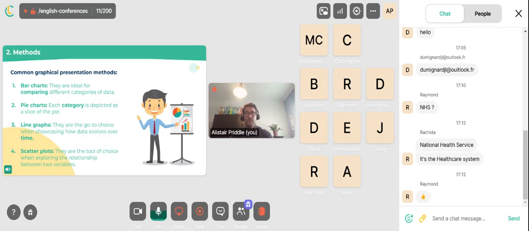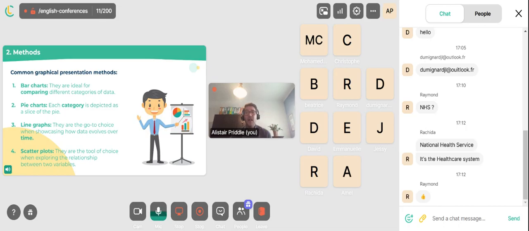Number 2, pie charts. Each category of a pie chart is depicted as a slice of a pie.